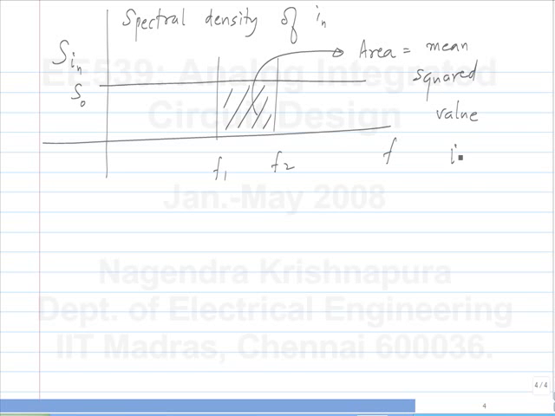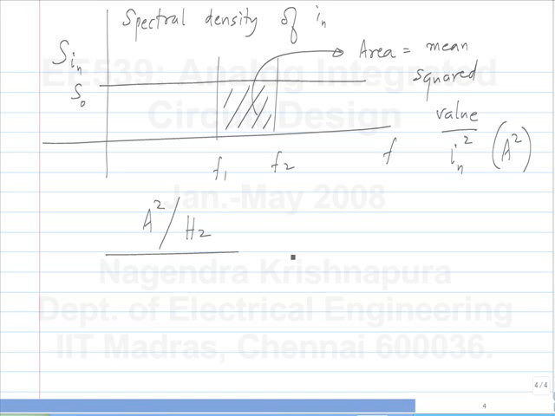And this is the mean square value of IN. Okay. So you square it and average it, that is what the mean square value is. The mean square value of IN has a unit of ampere square, and the density of that over frequency has a unit of ampere square per hertz.